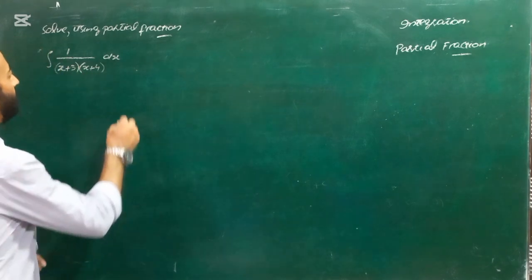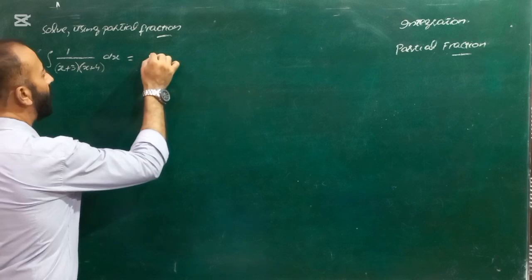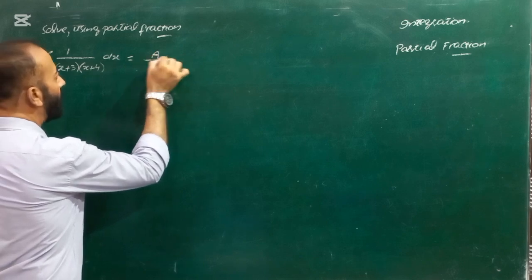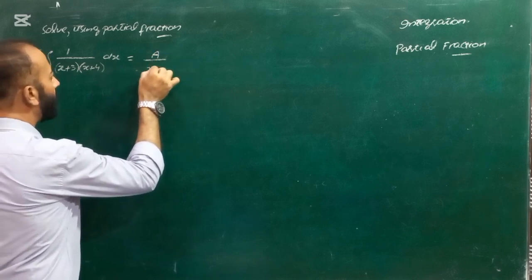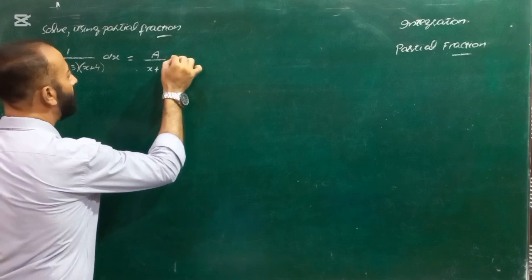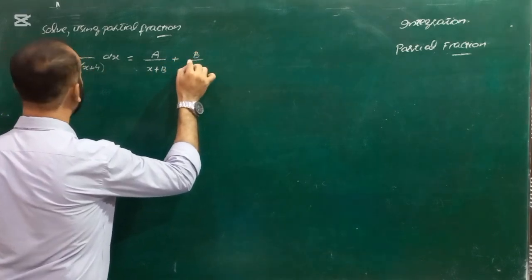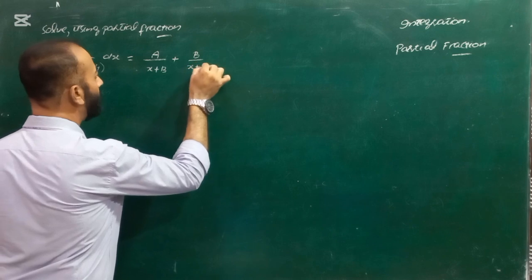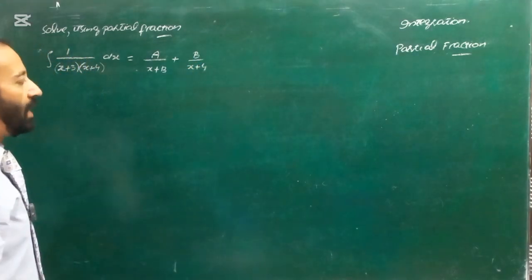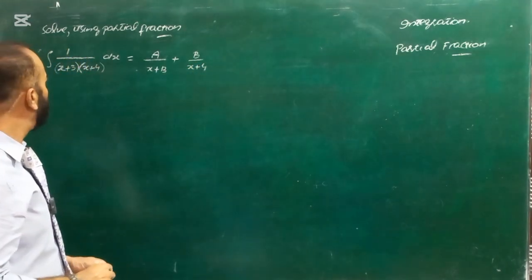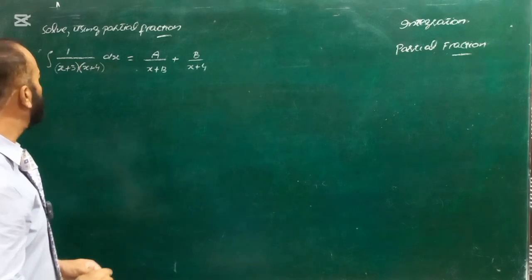So the method will be, we will write a over first bracket plus b over second bracket, that is x plus 4. So listen again, this is the first type of the partial fraction.